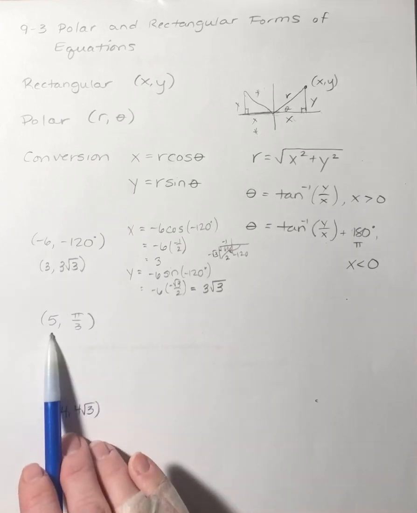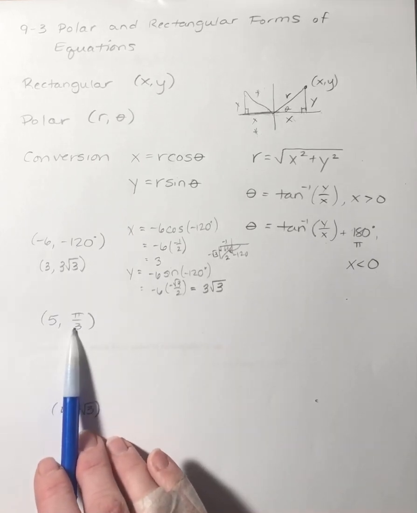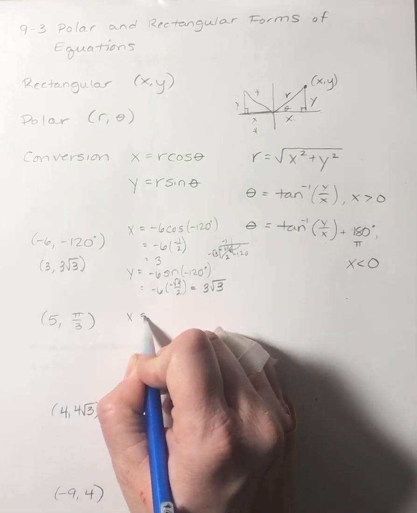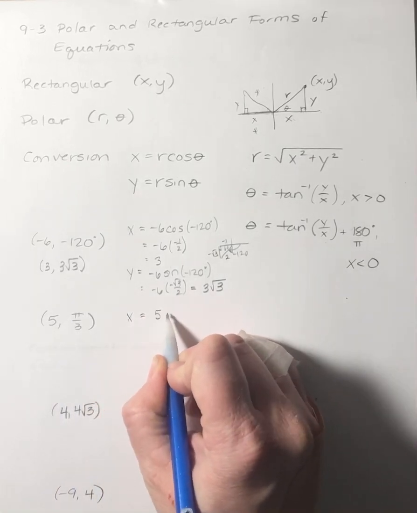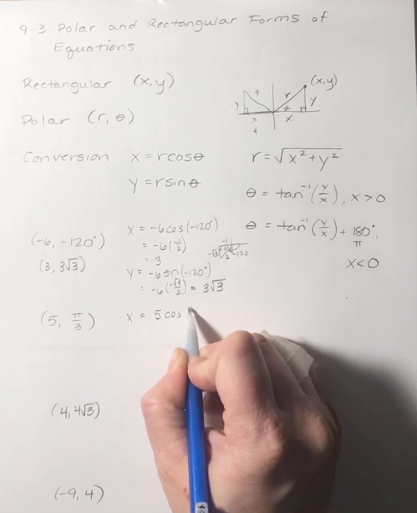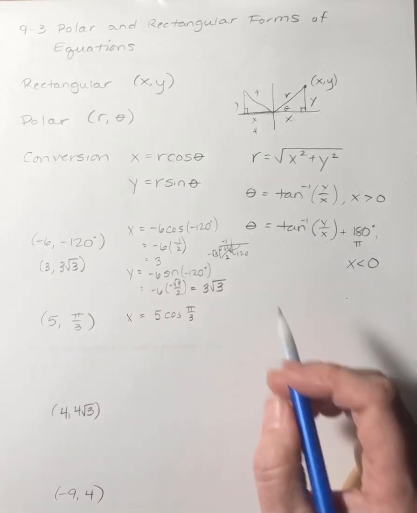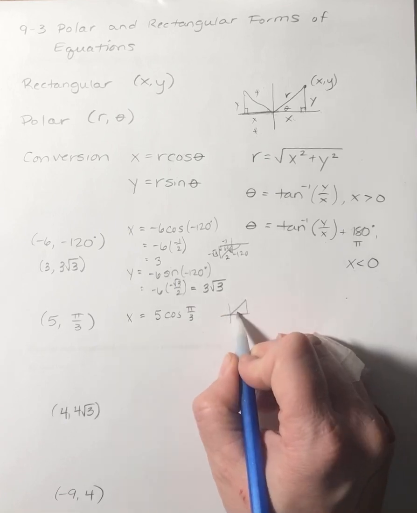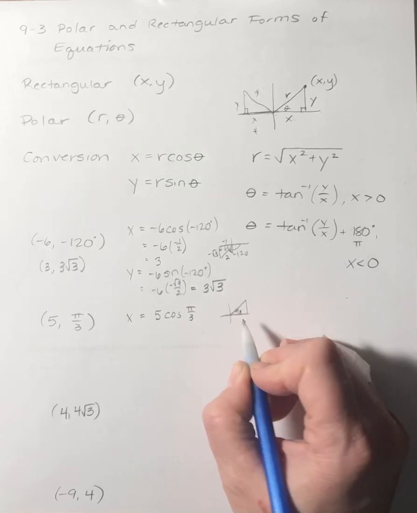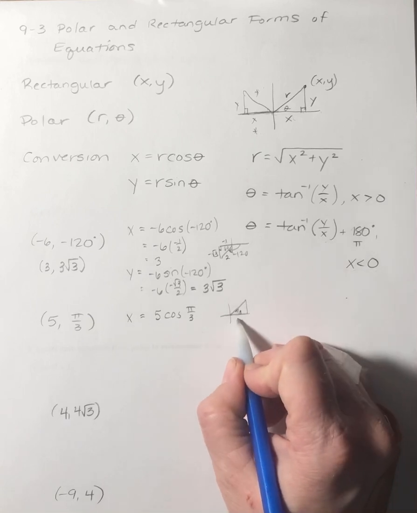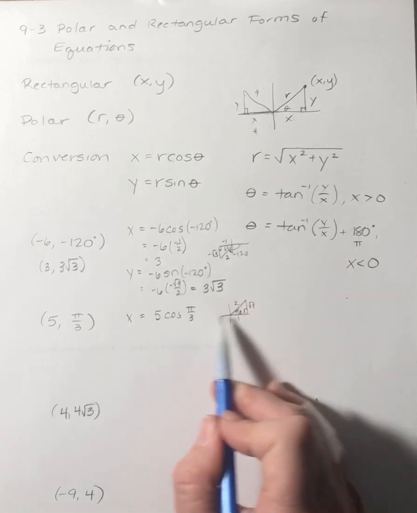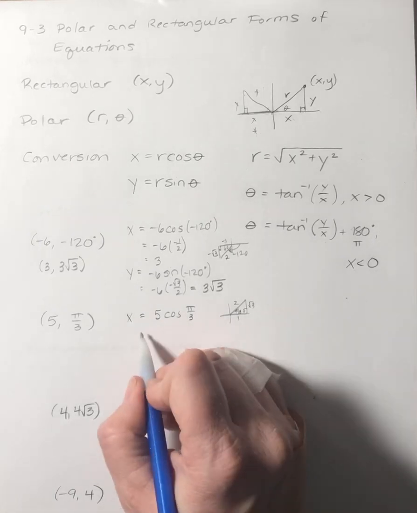All right, another. This one is in polar. We need to change it to rectangular. x equals 5 times the cosine of pi thirds. Again, if you need to, pi thirds would be here. Pi thirds is equivalent to 60 degrees, so this is 1, 2, and square root of 3. So the cosine of pi thirds is 1/2.